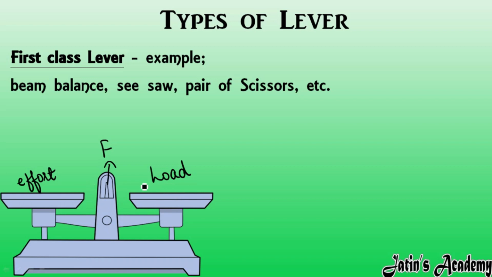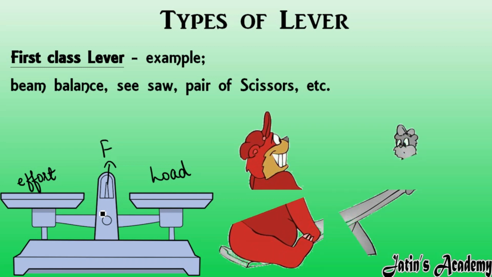So see carefully what is happening here. Actually here fulcrum is in center, effort and load are on other side. So this is which class lever? First class lever. Fine. Similarly, we are having a second example with seesaw. In a seesaw, see carefully, this is a fixed point around which these two boys are going to rotate, okay, or these two cartoons are going to rotate. So this fixed point is in center.